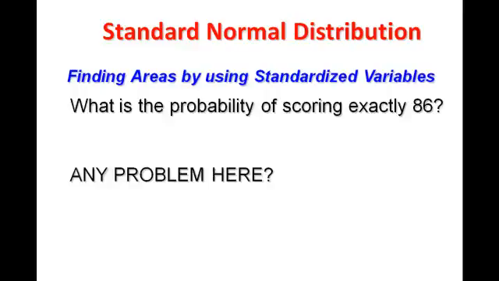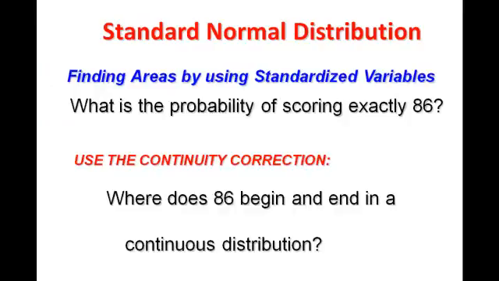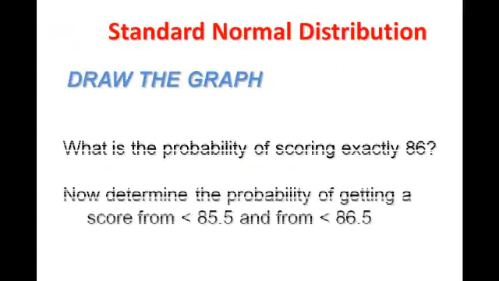And if we're looking at a normal distribution and we want to know the probability of scoring exactly 86, then we've got to answer another question. And that question is, where does 86 begin and end in a continuous distribution? Well, 86 begins at 85.5 and ends at 86.5.